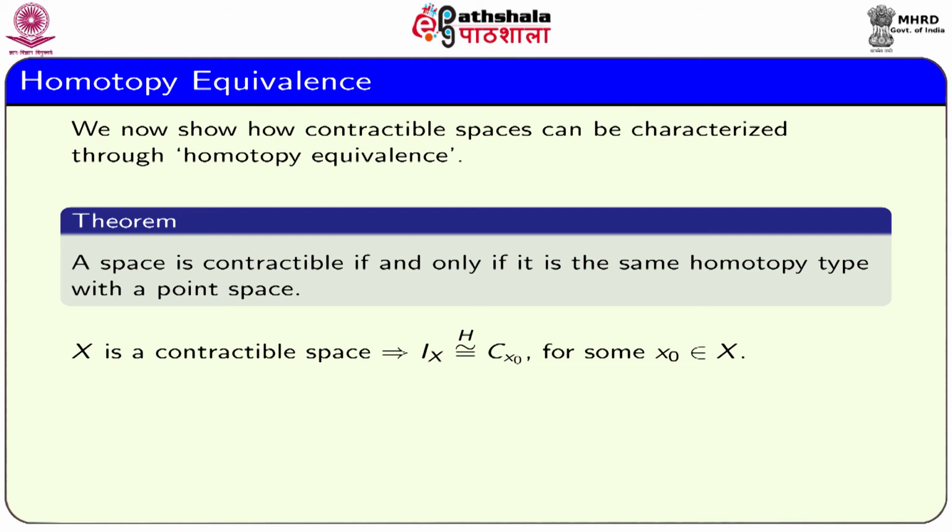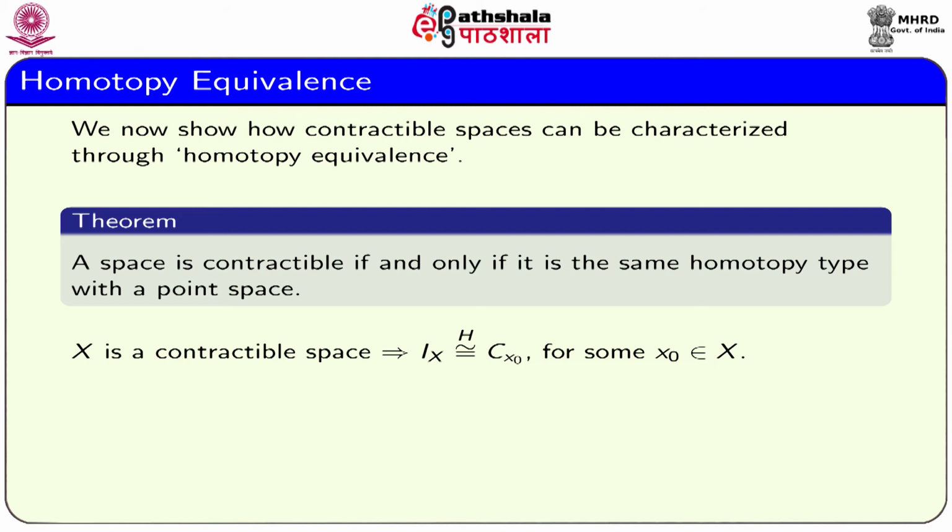Given a topological space X and given another topological space Y, we are looking for a homotopy equivalence between them. If there exists a homotopy equivalence between them, then X and Y are called the same homotopy type.